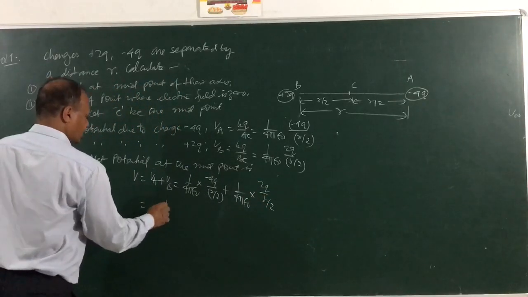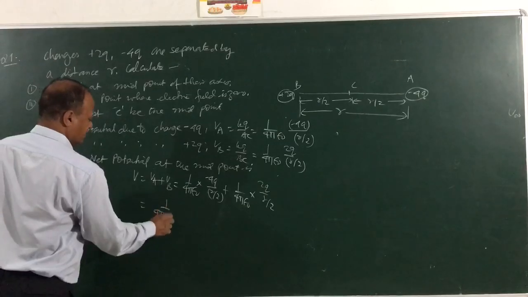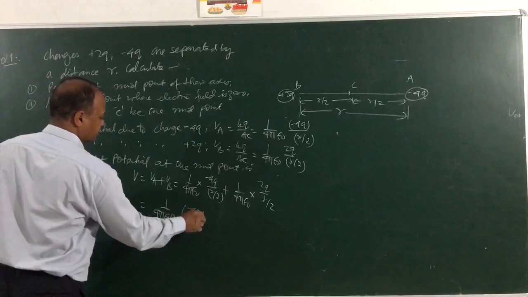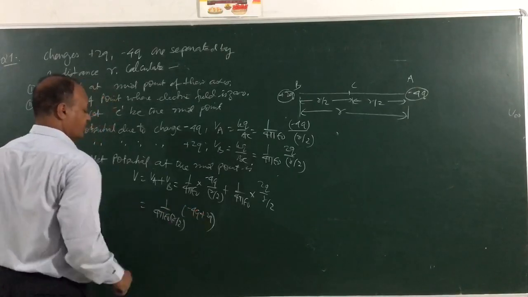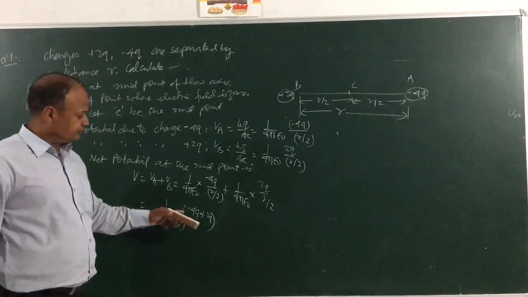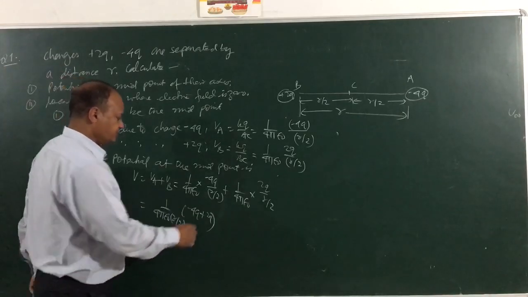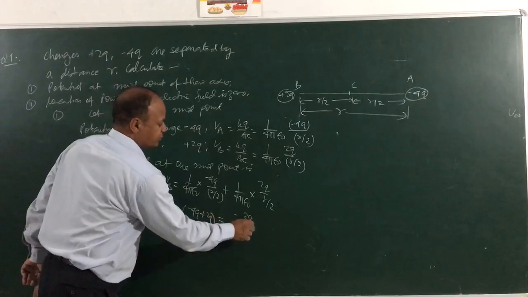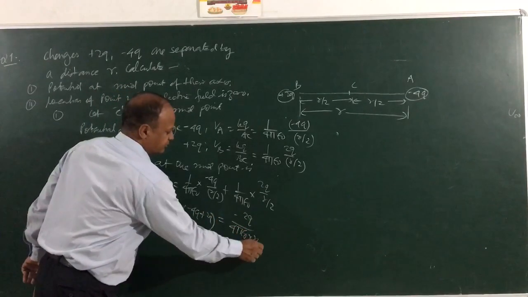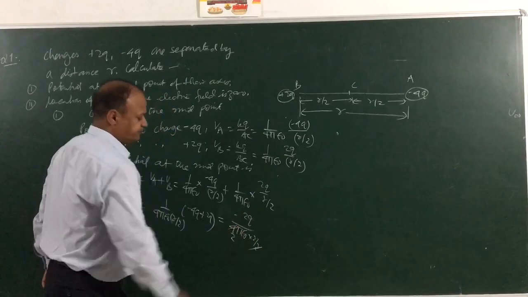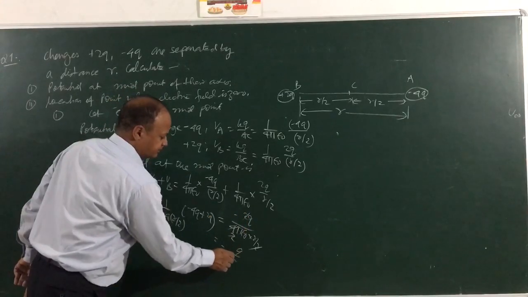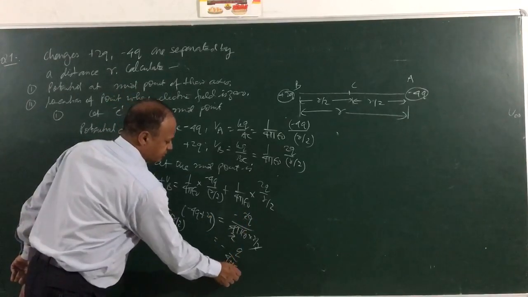So 1 by 4 pi epsilon 0 into R by 2 is the constant. So it will be minus 4q plus 2q. Minus 4q plus 2q is how much? Minus 2q. Let's simplify. So minus 2q divided by 4 pi epsilon 0 into R by 2. So cancel out this. This is also gone. So minus q by 4 pi epsilon 0 into R.